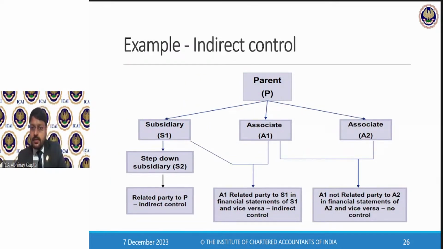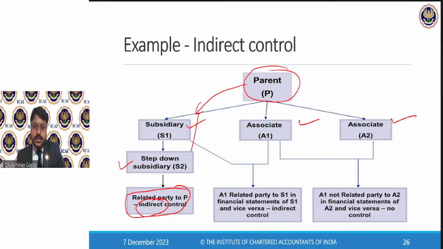Indirect control example. Parent P has a subsidiary, an associate, and associate 2. The subsidiary has a step-down subsidiary as well, S2. So is S2 related? Yes, because it is under indirect control. The parent's subsidiary's subsidiary is also a related party.